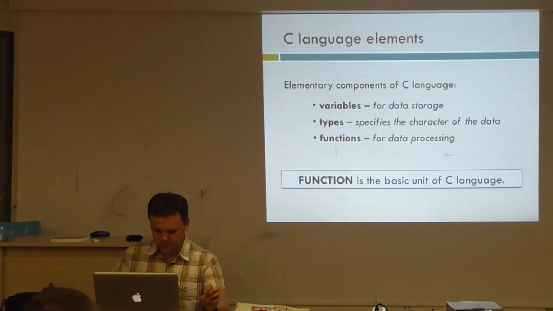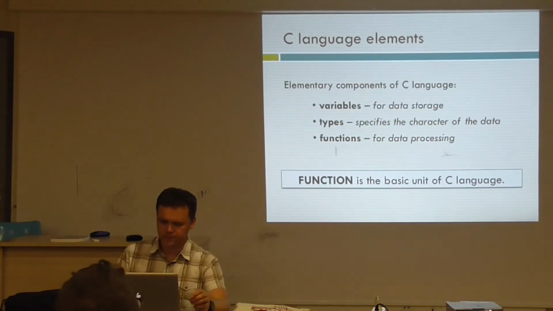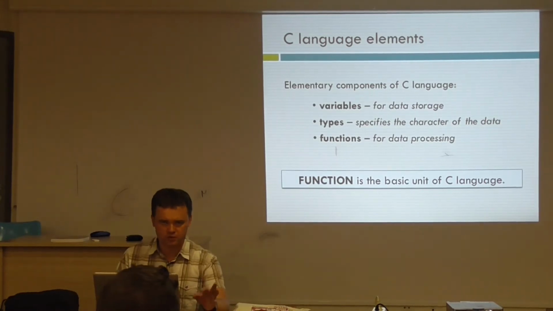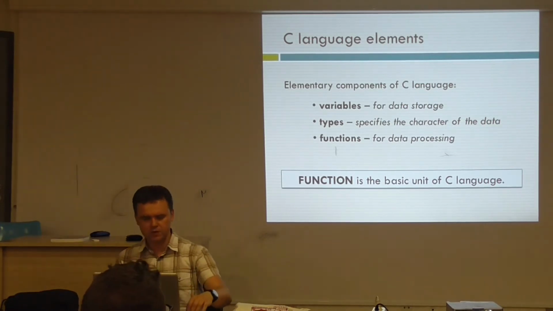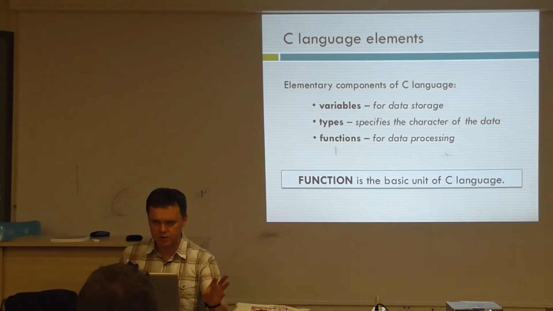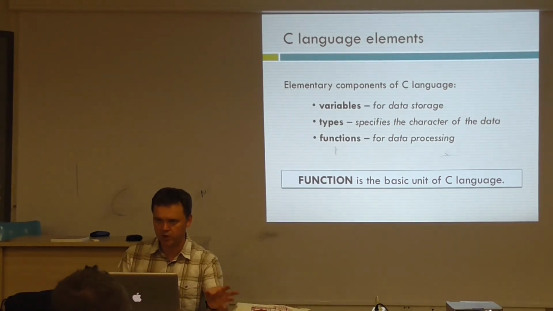Okay, part 1. Function generally in C language, because some of you are familiar only with Java, so you have any background in C, so you should know that in Java language the basic unit is a class. Okay? There are some not functions, but we can call them methods that are inside classes. But in C language the function is basic unit.